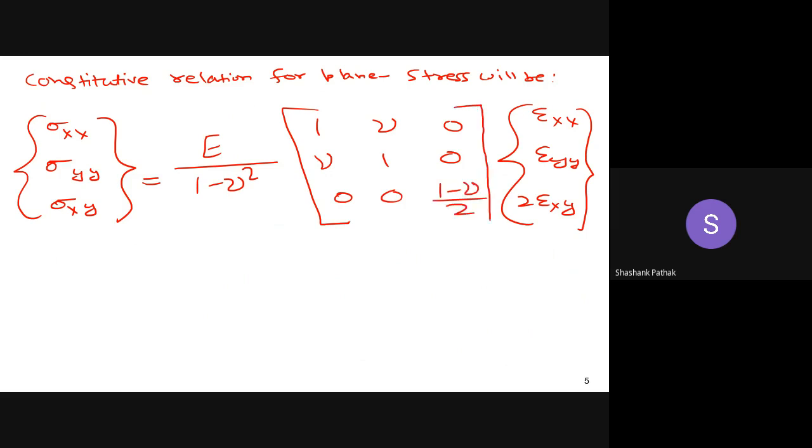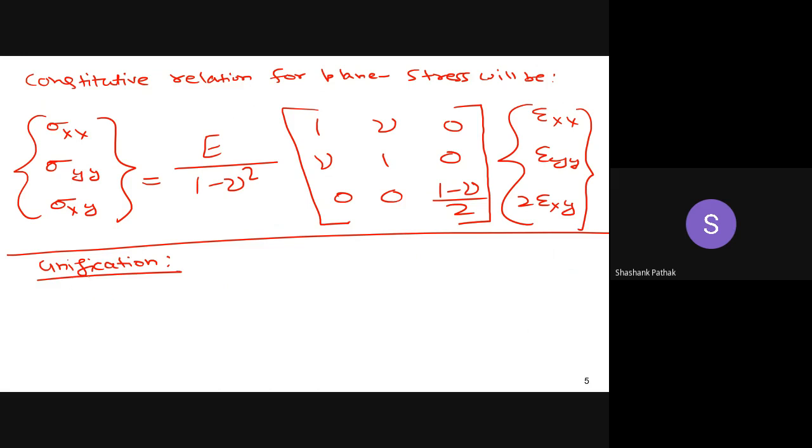This becomes the plane stress relation. The earlier one was for the plane strain problem. Okay, so now here comes the unification part.